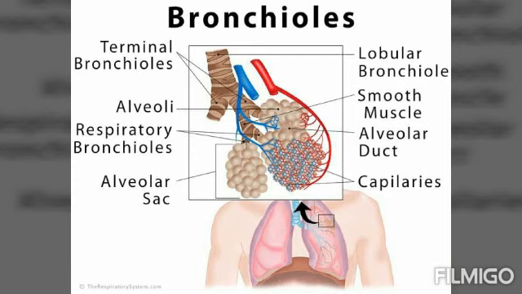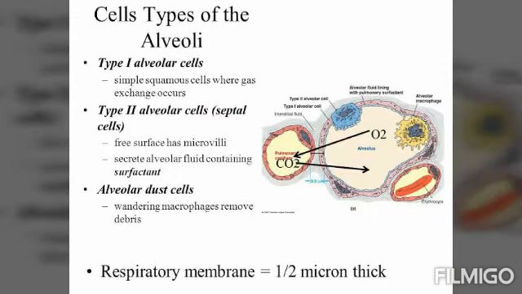Type 2 alveolar cells are metabolically active. These cells secrete surfactants, a phospholipid that lines the inner surface and prevents alveolar collapse. Type 3 alveolar cells or macrophages are large phagocytic cells that ingest foreign matter and act as an important defense mechanism.